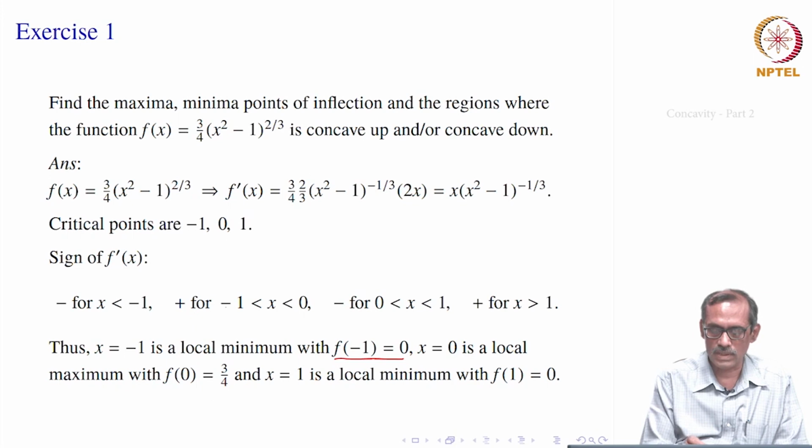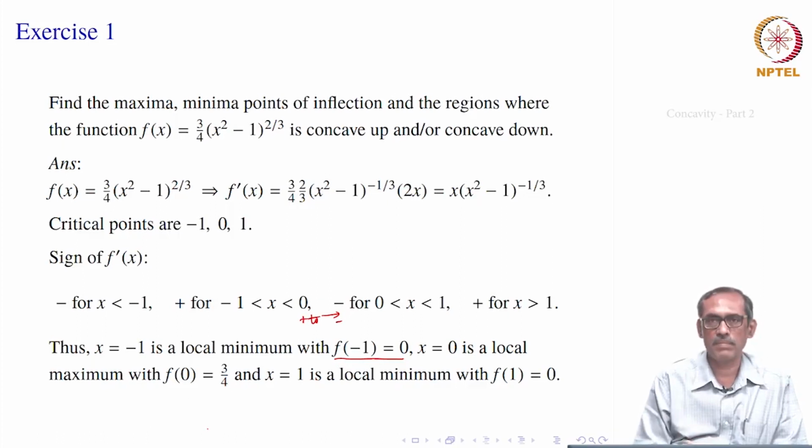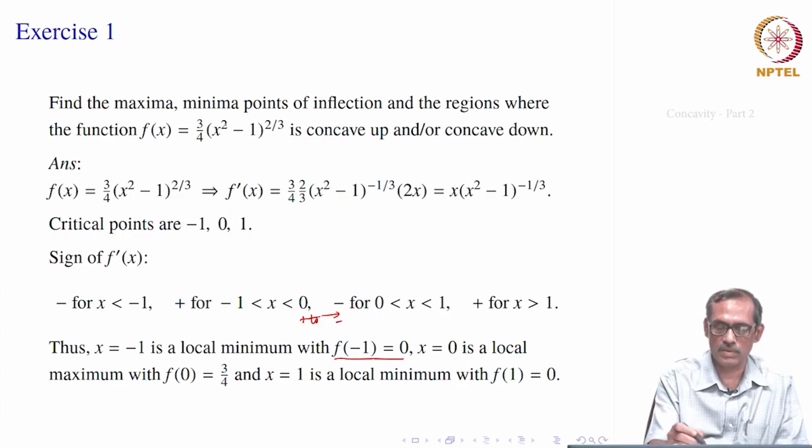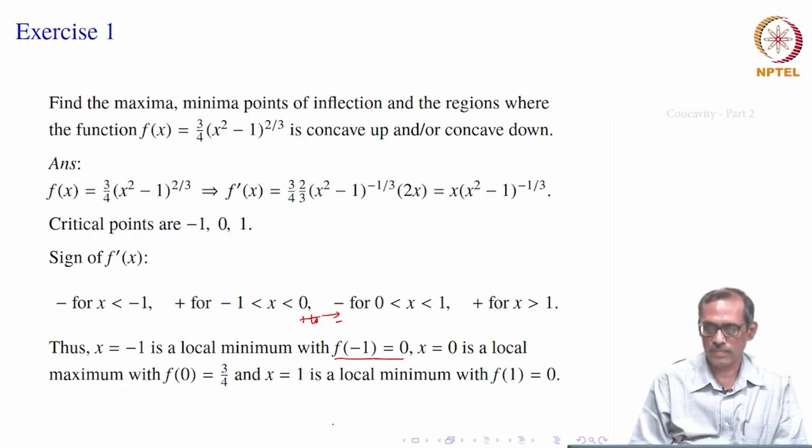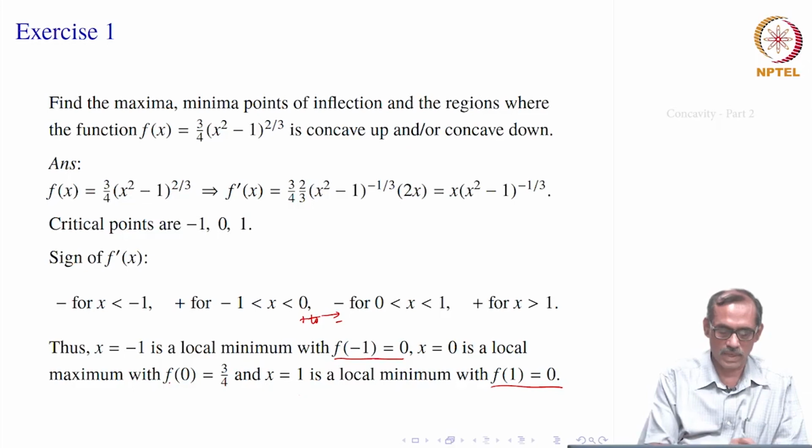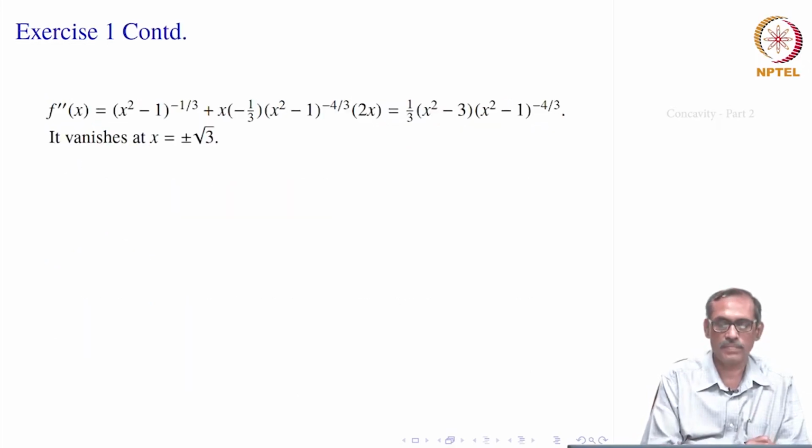At x equal to 0, it is changing sign from plus to minus. So, it has a local maximum and f of 0, if you evaluate, you would get 3 by 4. Similarly, x equal to 1 is also a local minimum with its value as 0. So, we have now local minimum at minus 1 and 1 and the local maximum at 0.